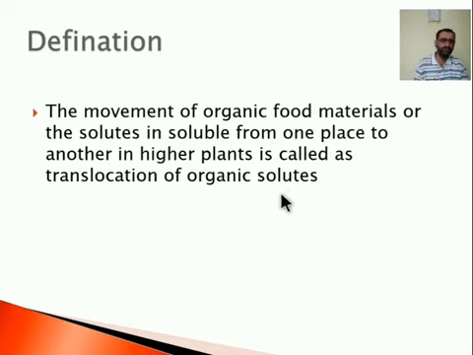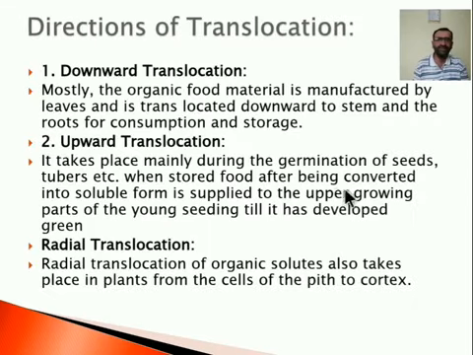In order to achieve it, translocation of organic solute takes place, and solute translocation is of three types: first the downward translocation, second the upward translocation, and third the radial translocation.